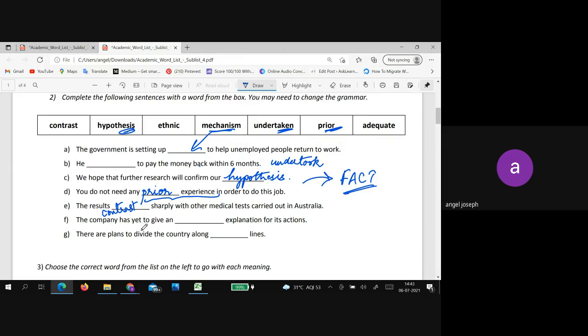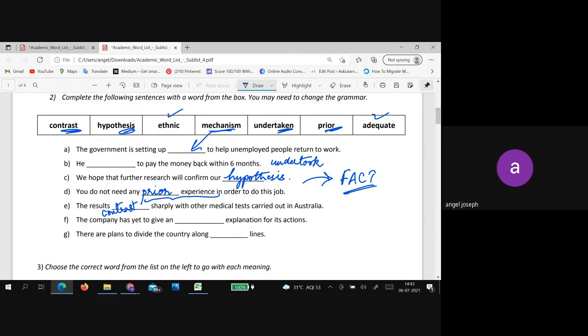F, the company has yet to give an dash explanation for its actions. Contrast is taken. We just have these two words. Ethnic, I said, relates to culture. Adequate. Yes, that is correct.